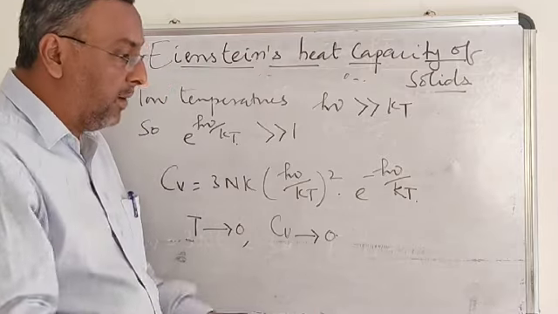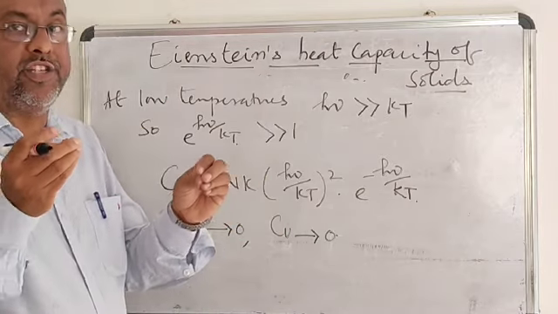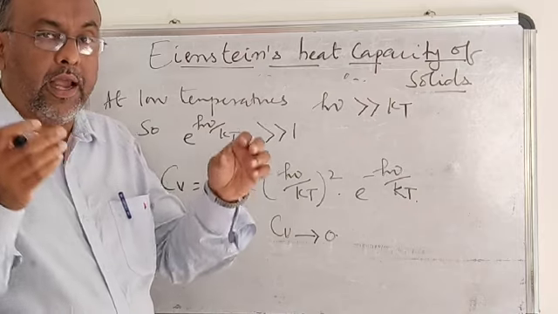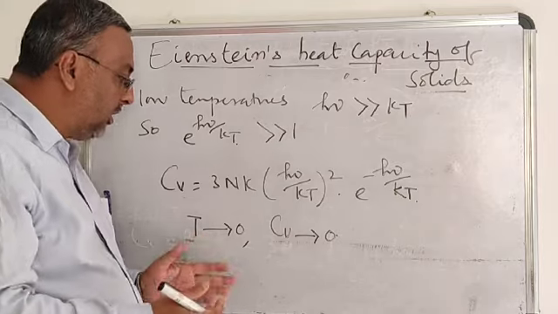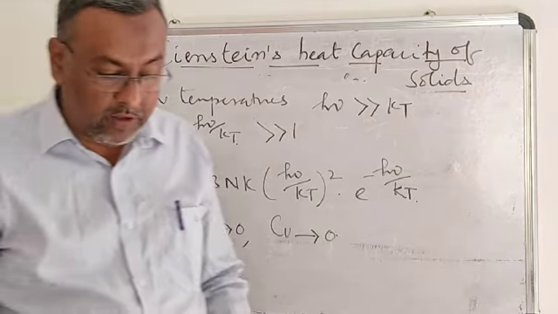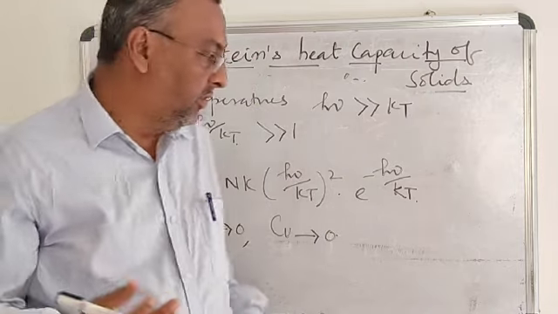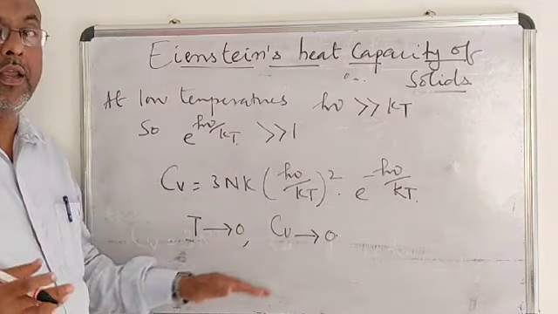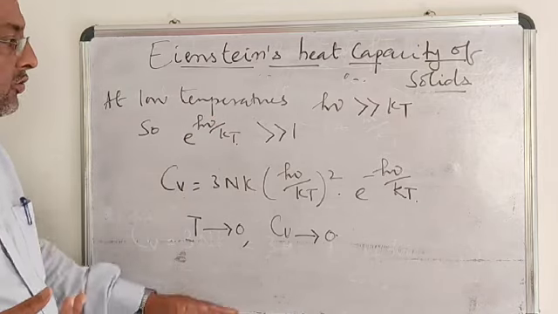Whereas at very low temperature, because of the lowest vibrational energy of the oscillators vibrating in a crystal, the heat capacity of the solid will become almost 0. Okay, this is the explanation given by Einstein's heat capacity of solids.